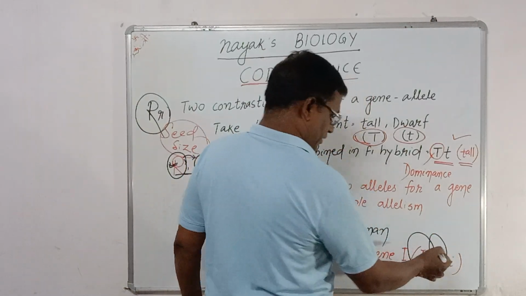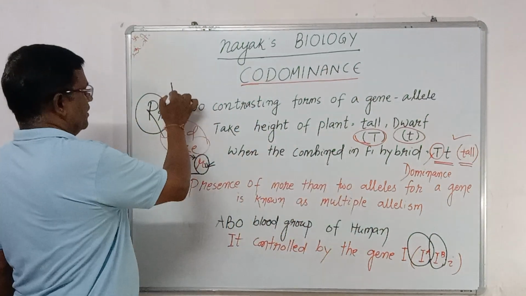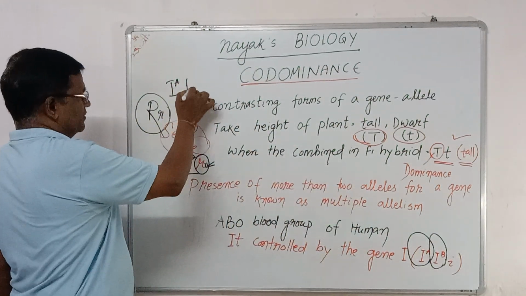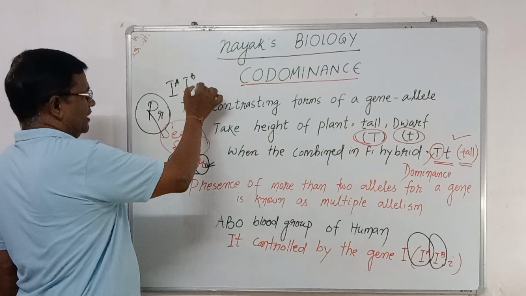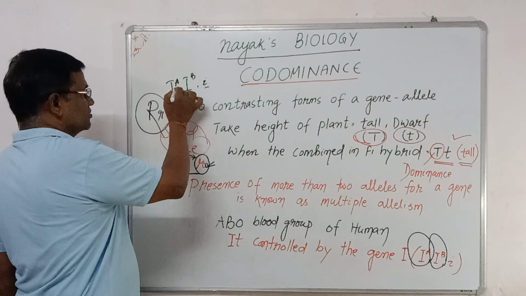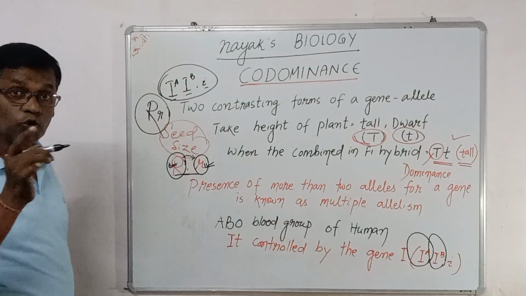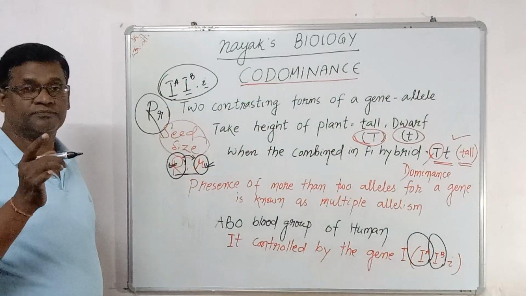Then capital I with B on top, and the small i. These are the three genes which control our blood.